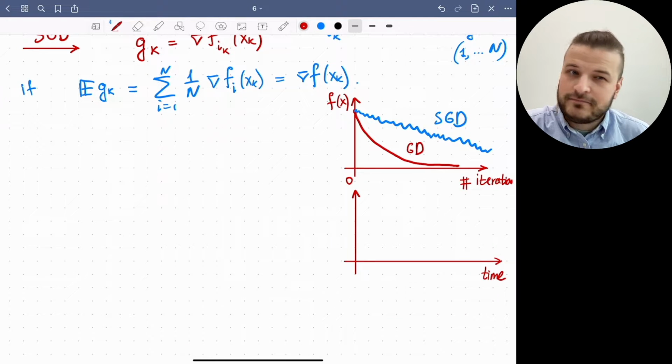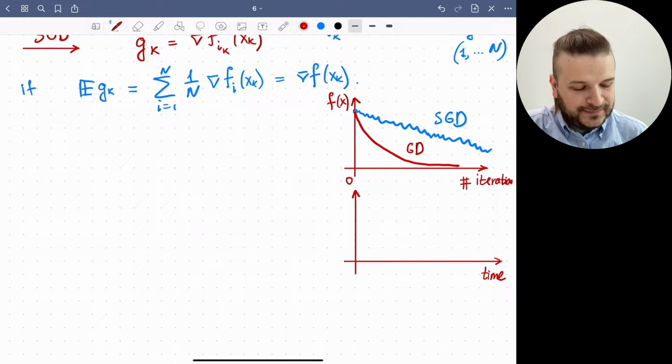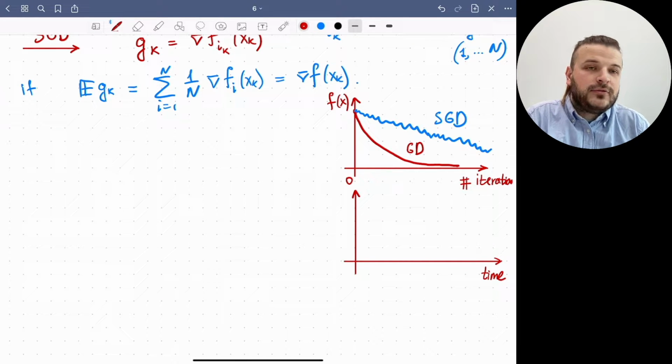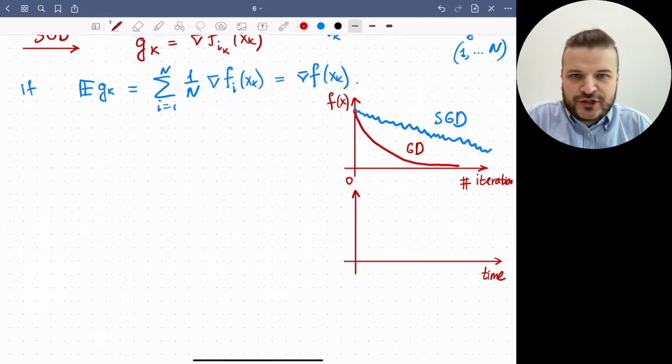That could be interesting because, yes, on each iteration of SGD, you'll probably decrease the function value not as good as in full gradient algorithm, but each iteration of SGD will be n times cheaper than the original algorithm.